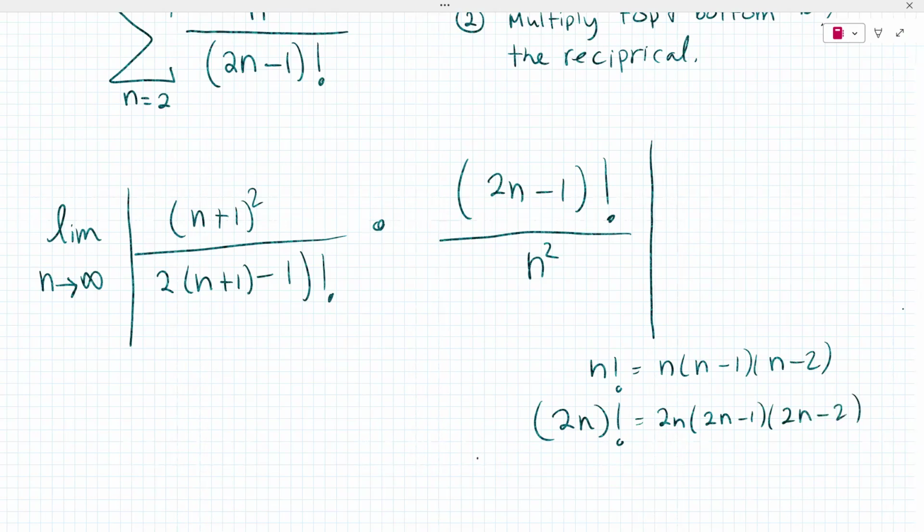And then 2n plus 1 factorial is the same thing as 2n plus 1 times 2n times 2n minus 1, etc., until you get to 1.